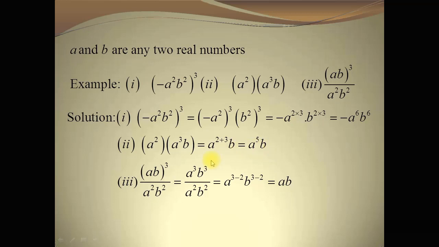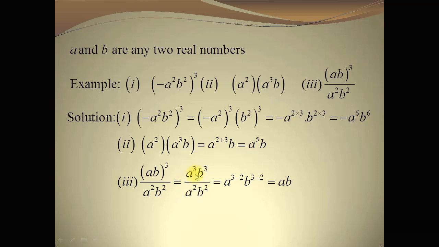Now in the third example we have the quotient law. In the numerator, ab whole power 3 means the power is 1 for a, and for b the power is also 1. So using the power law, 1 multiplied by 3, we get a power 3, and for b, 1 multiplied by 3, we get b power 3, divided by a square into b square.